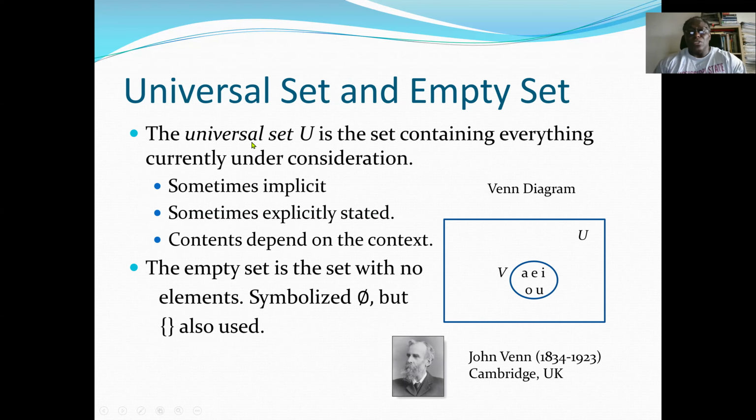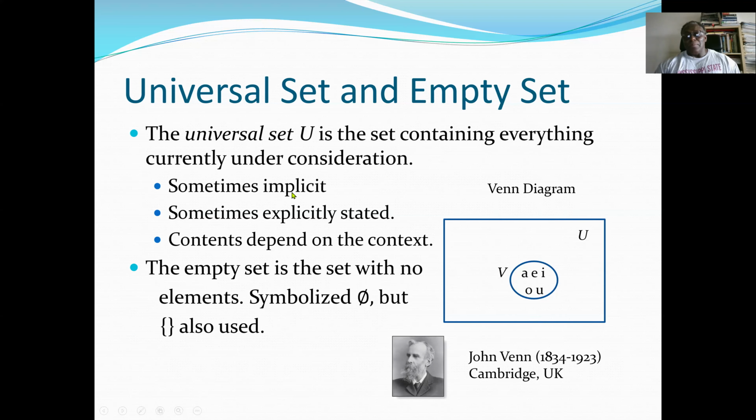So next we talk about universal set and empty set. A universal set is a set that contains everything that we are considering at that very moment. Then the empty set is a set that doesn't have anything. So here we say universal set U is a set containing everything currently under consideration.